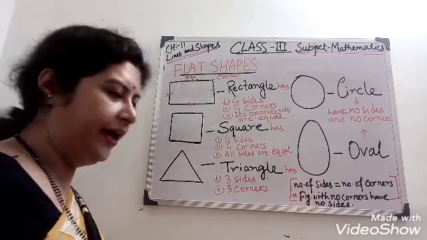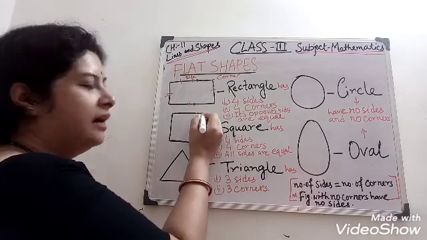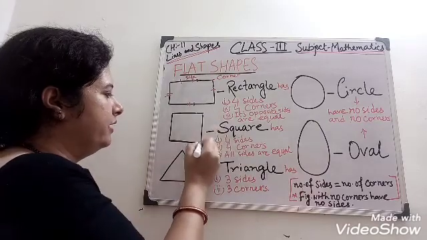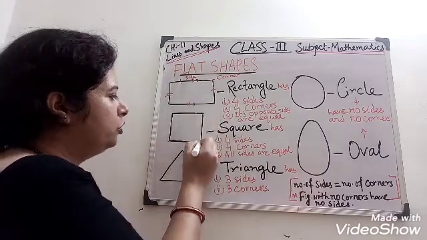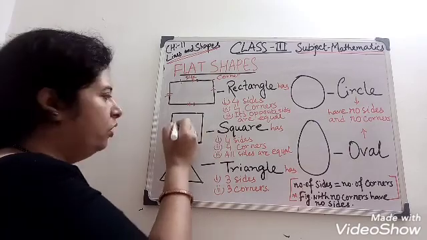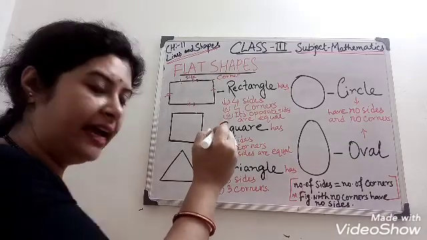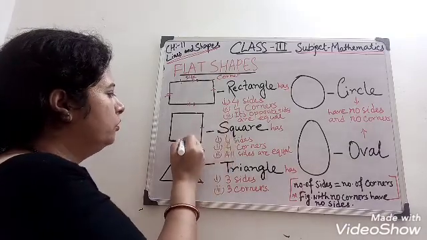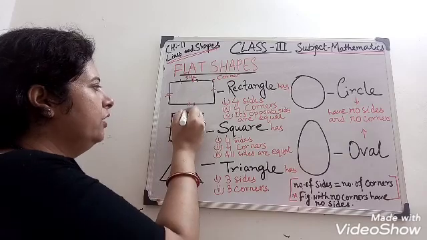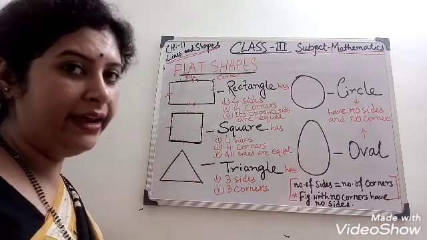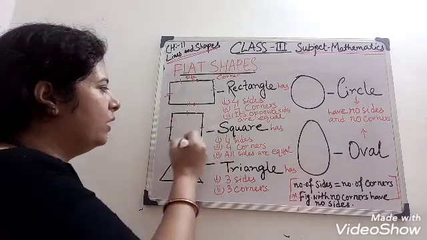Next, come to square. A square has the same 4 corners, 1, 2, 3, 4, and 4 sides, 1, 2, 3, 4. And a square has 4 equal sides.